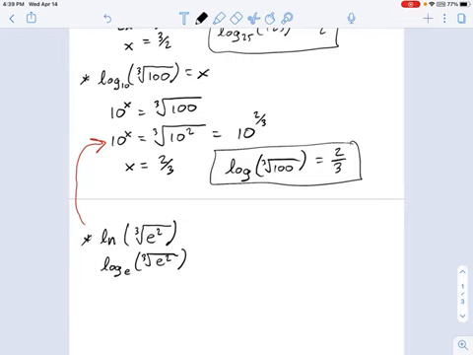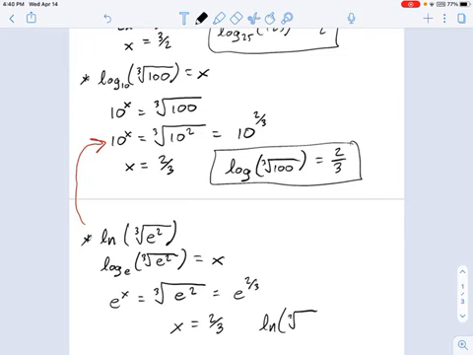So if I rewrite this as an exponent, e to the x equals the cubed root of e squared, which by the same reasoning as in the last one is e to the 2/3, which means x equals 2/3, which means the natural log of the cubed root of e squared equals 2/3.